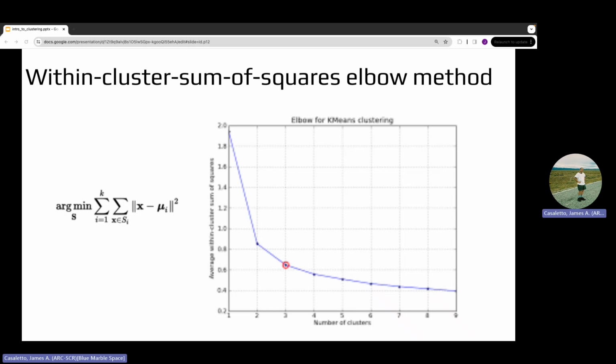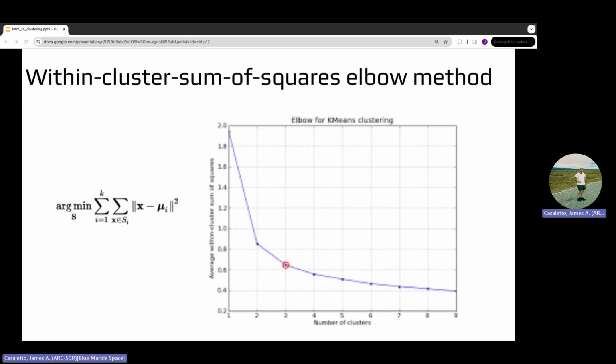That's the elbow. Obviously, as the number of clusters increases, that within cluster sum of squares distance should get smaller and smaller until the number k is equal to the number of samples in the data set. At that point, each sample is a cluster of 1 and the within cluster sum of squares is 0.